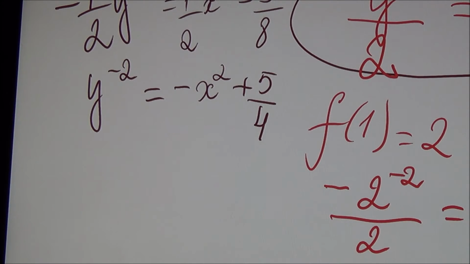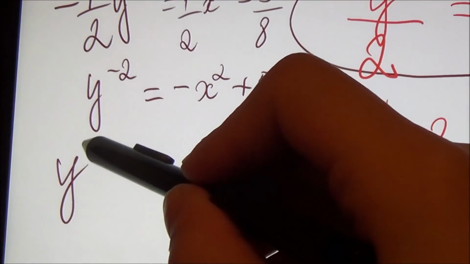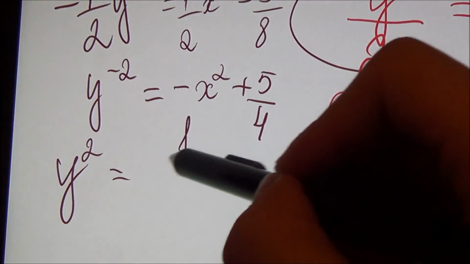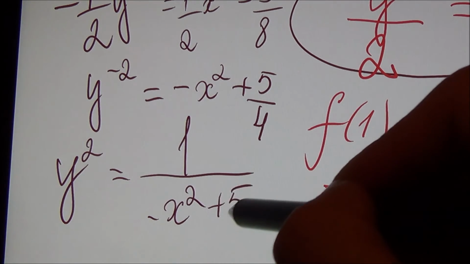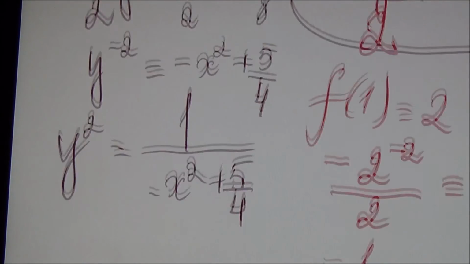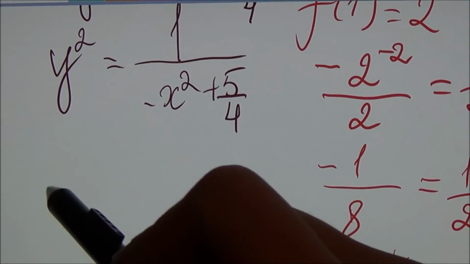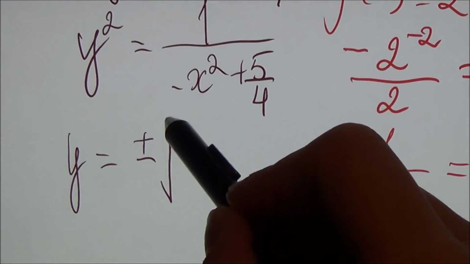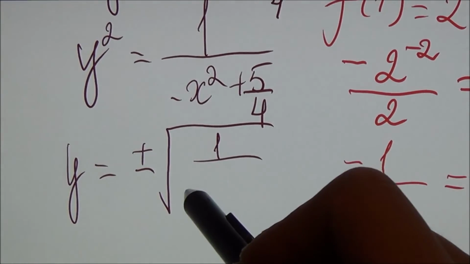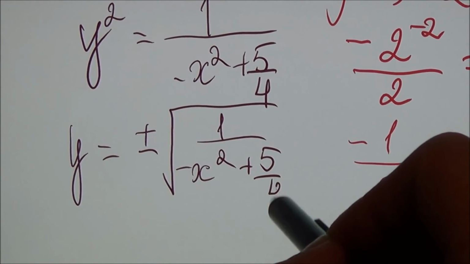So y to the negative second power is the same as 1 over y squared, and if we do the reciprocal of that, we're going to have y squared is equal to 1 over negative x squared plus 5/4. So now, to leave the y alone, we're going to take the square root, so y is equal to plus or minus the square root of 1 over negative x squared plus 5/4.